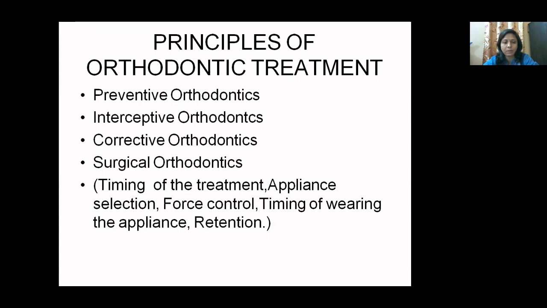In surgical orthodontics, we undertake procedures in conjunction with, or as an adjunct to, orthodontic treatment. When the problem is so severe that it cannot be corrected with corrective orthodontics alone, we have to move our planning toward surgical orthodontics, depending on the severity of the malocclusion.